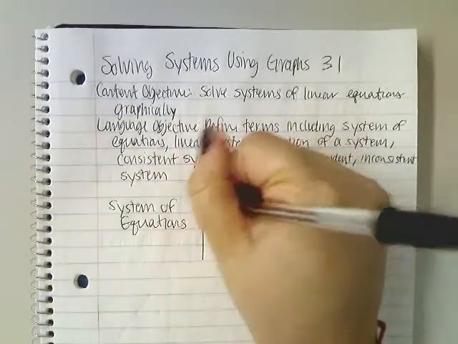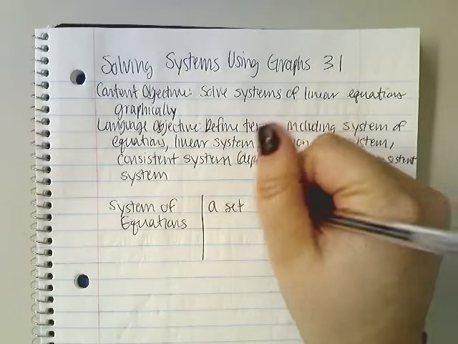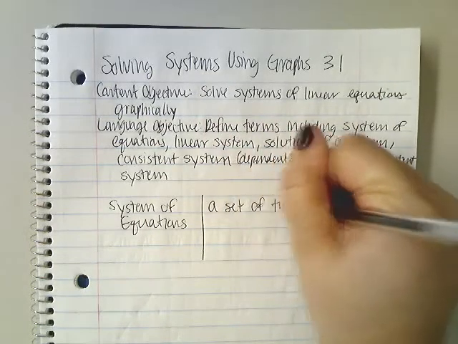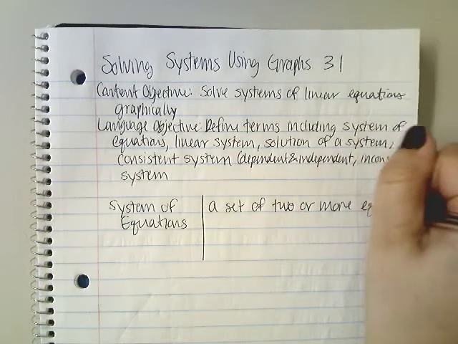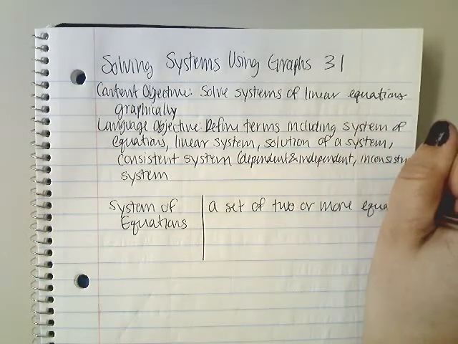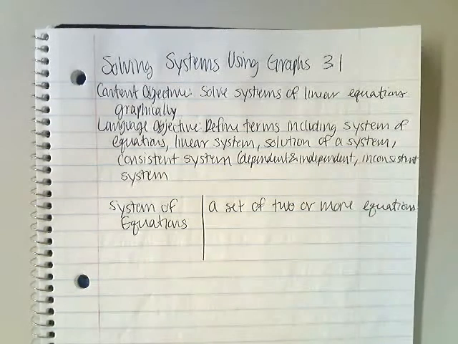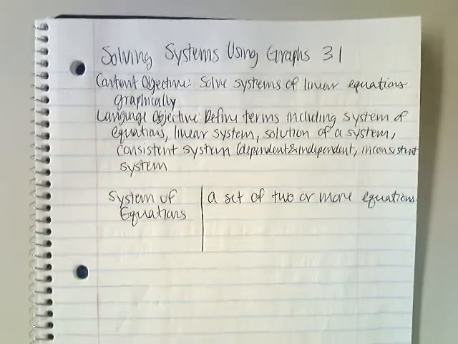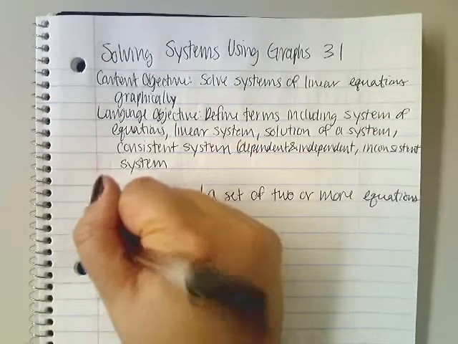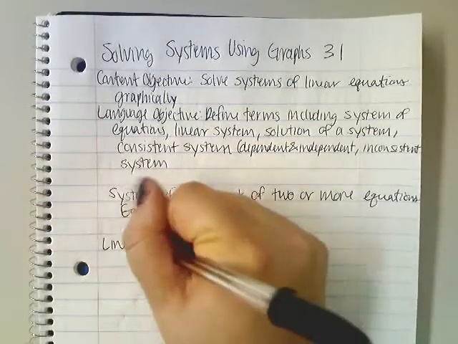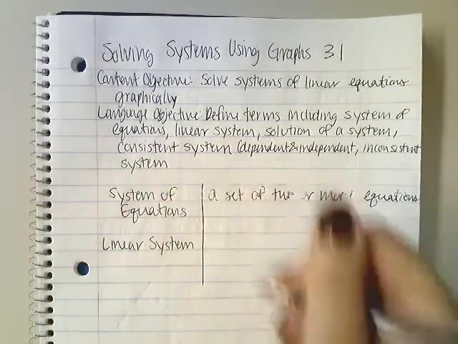So our system of equations is a set of two or more equations. So it's any set of equations that has two or more, that would be a system. And so we're focusing now on linear systems because we've just been working on linear functions.